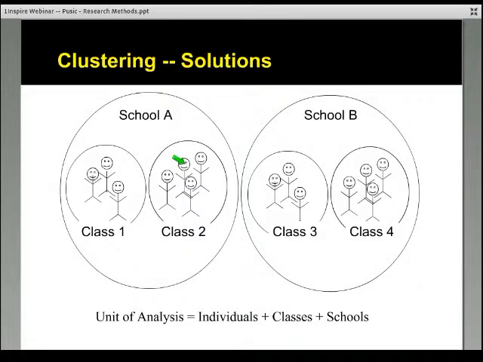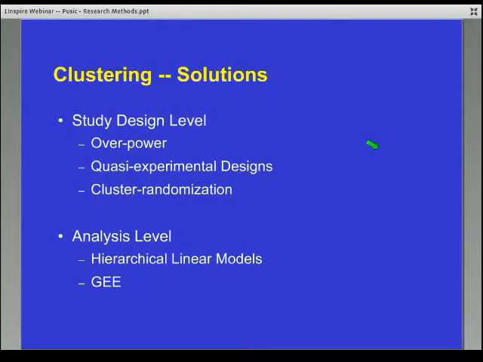And then you can take it one step further, and that school A may do a better job than school B of providing its teachers with the ability to carry out your intervention. So the whole idea is that stuff's nested, and there can be variation due to these nesting levels, and we can now adjust for those on a statistical basis.